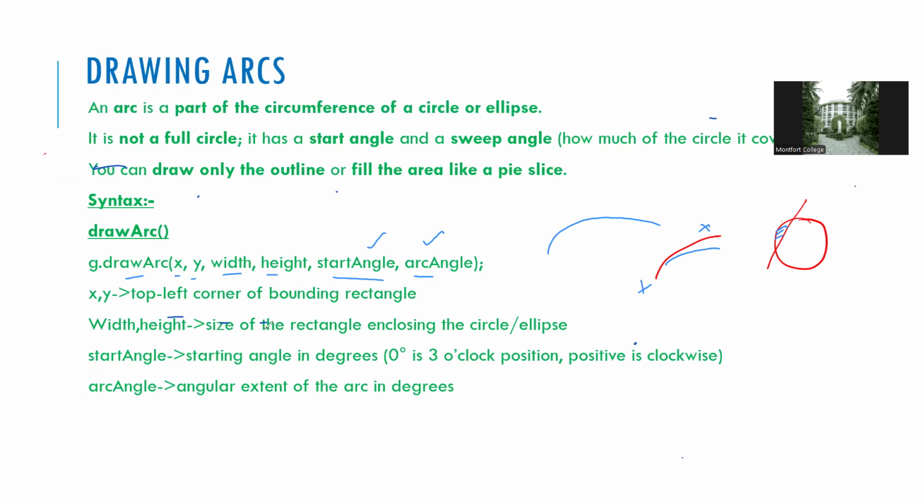Width and height are the size of the rectangle enclosing the circle or ellipse. The start angle is the starting angle in degrees, where 0 degrees is the 3 o'clock position, like this. Positive is clockwise, so from this side it will start.